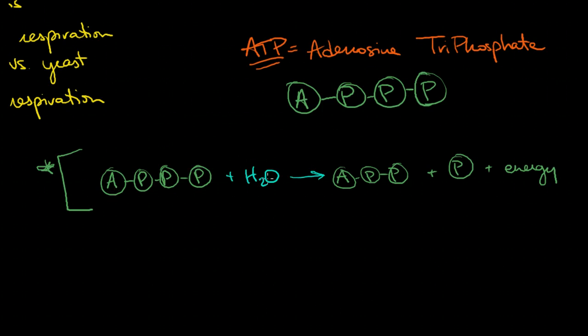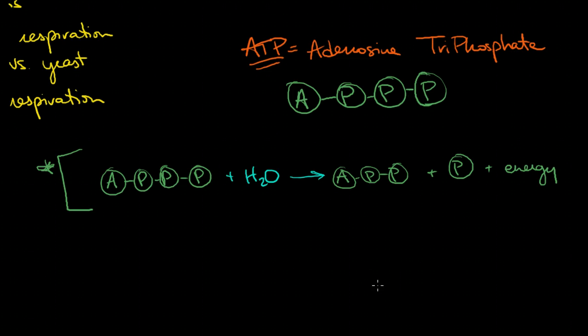We have adenosine triphosphate plus water, and it breaks adenosine triphosphate into adenosine diphosphate and a phosphate. So this is another form of a hydrolysis reaction, but the arrow going the other direction would be a condensation reaction, a special kind of condensation reaction, and that's in fact what we're going to be talking about.